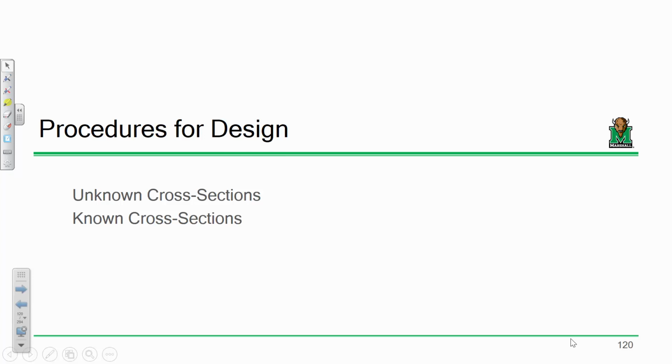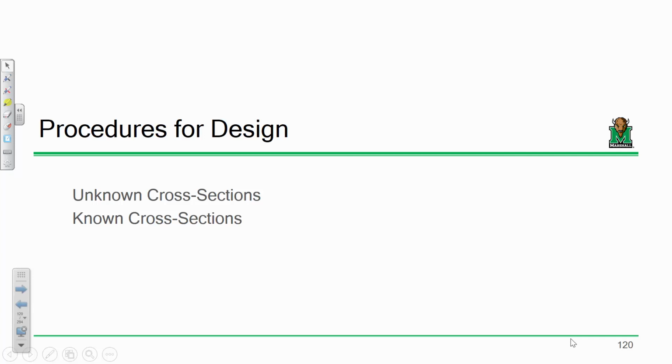You have no idea what the beam looks like, and so you need to determine the width of the beam, you need to determine the depth of the beam, you need to determine the area, you've got to determine everything. It's the total start-from-scratch mode. That's the design of an unknown cross-section. What about the design of a known cross-section? Well, the design of a known cross-section is when you do know what the beam looks like. You know how wide the beam needs to be.